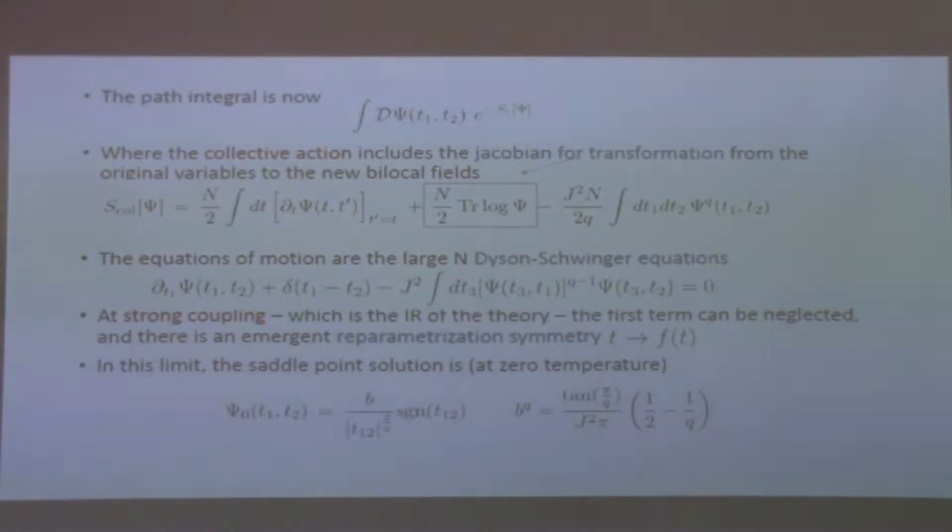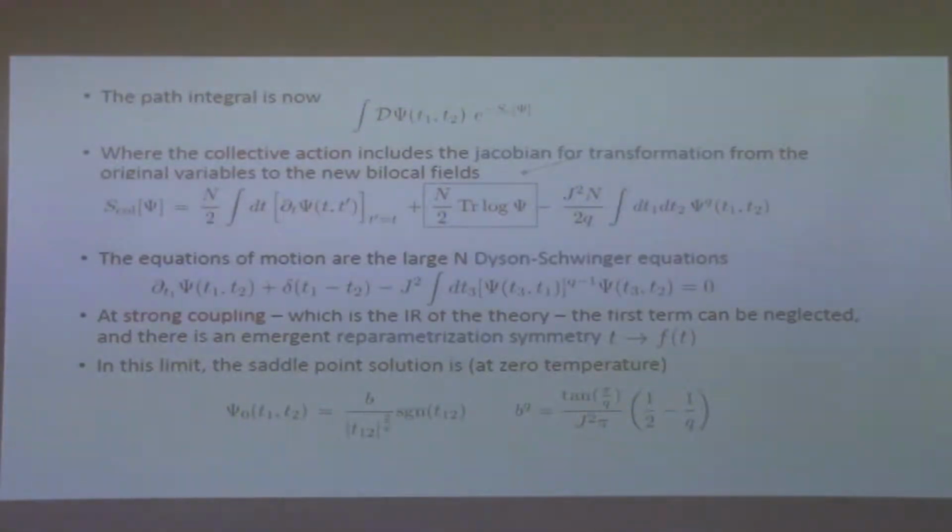The key term in the action is the term in the box that comes from the Jacobian in the change of variables from the original fermions to these bilocal fields psi. The other terms are just what the original terms in the original action look like when you write it in terms of the bilocals.